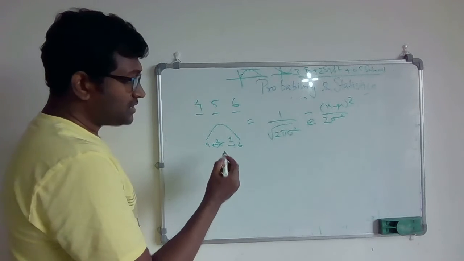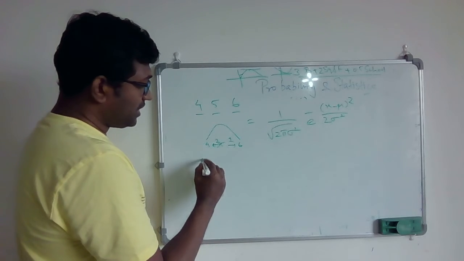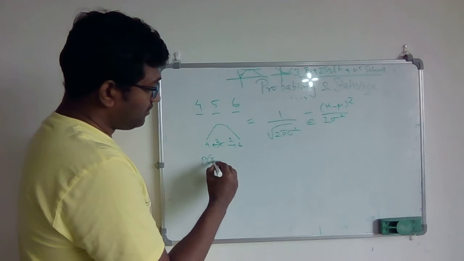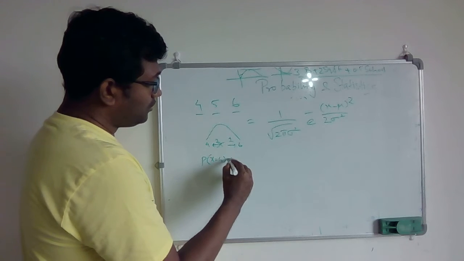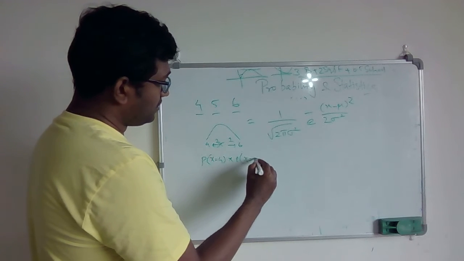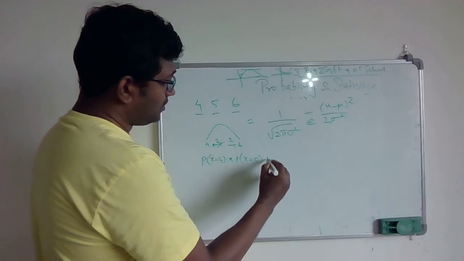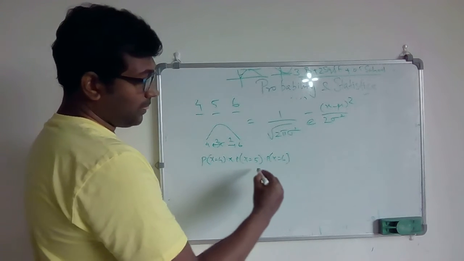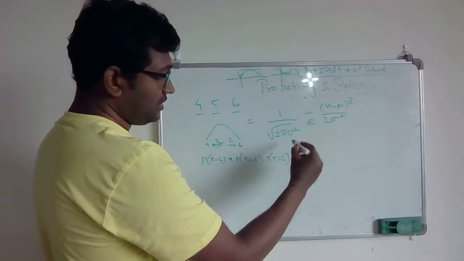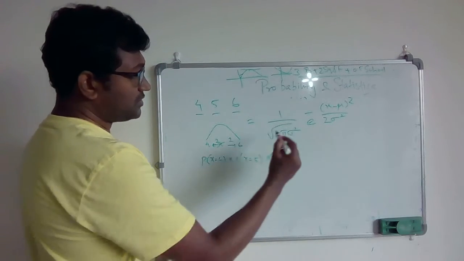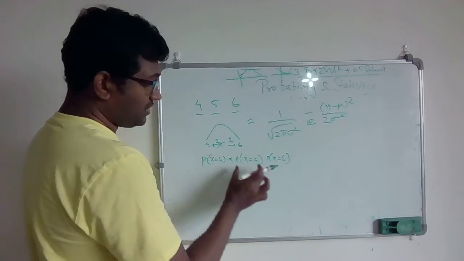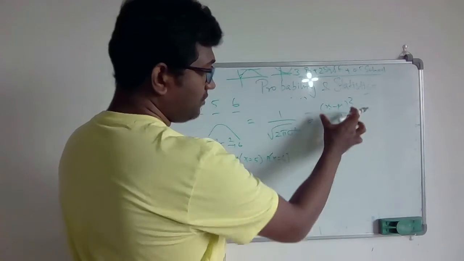And if you assume they arrive independently, then we can get the probability density function as the probability of x equal to 4, times the probability of x equal to 5, times the probability of x equal to 6, by just multiplying the probability density functions, plugging in x equal to 4, 5, 6. You have three equations here, one for each.